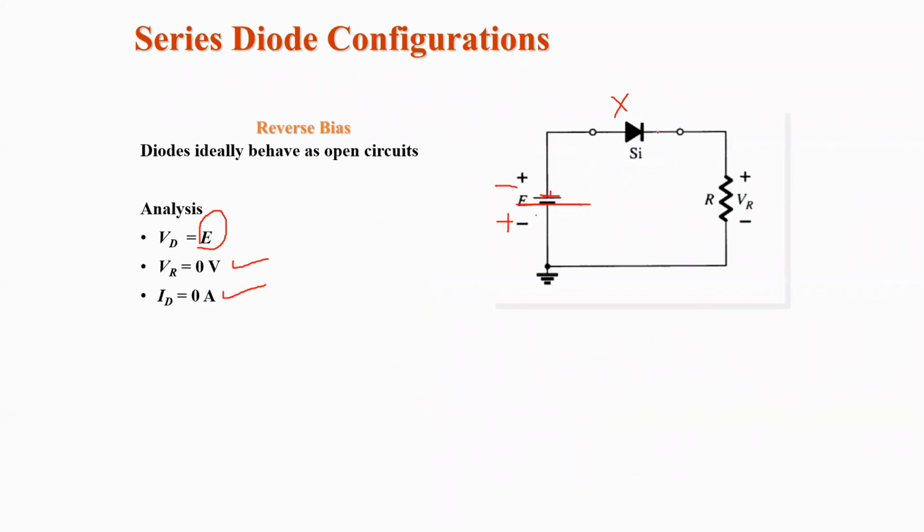So that is the problem with your diode. That means when you are applying a very high voltage across a diode, two particular phenomena come into the picture. One is avalanche breakdown, another is Zener breakdown. We will discuss those in the future. Right now, just keep this point in mind: when your diode is reverse biased, the entire voltage is across the diode.